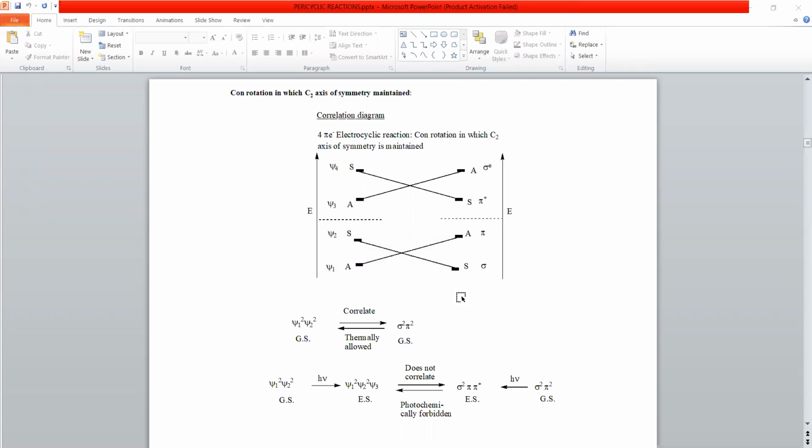So conversion of cyclobutene to 1,3-butadiene by conrotation, in which the C2 axis of symmetry is maintained, is thermally allowed. Similarly, this is photochemically forbidden because the first excited state of cyclobutene is sigma square pi and pi star.